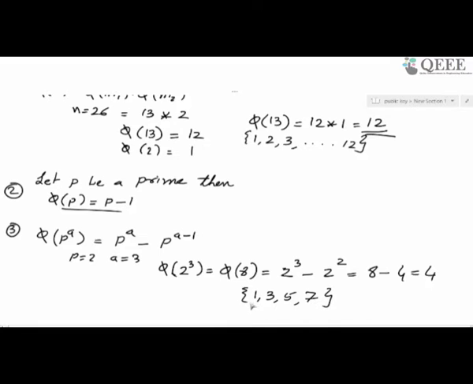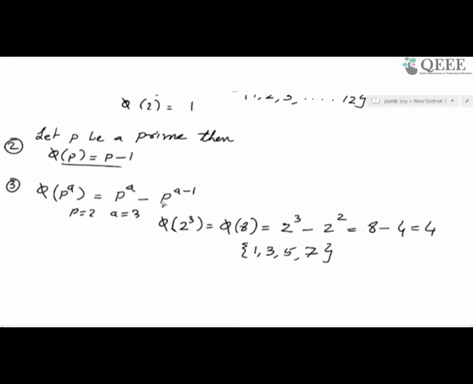So these are the only numbers less than 8 which have a GCD with 8 equal to 1. These are the only numbers which are co-prime or relatively prime with 8, and we have found this using this particular formula. So let's try to simplify this.